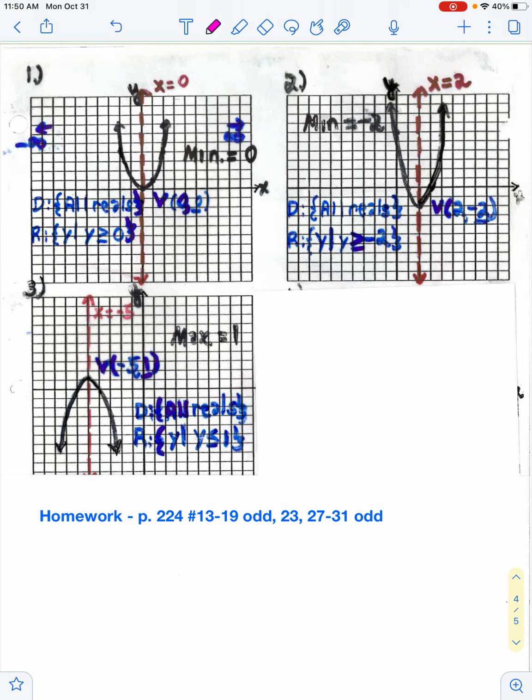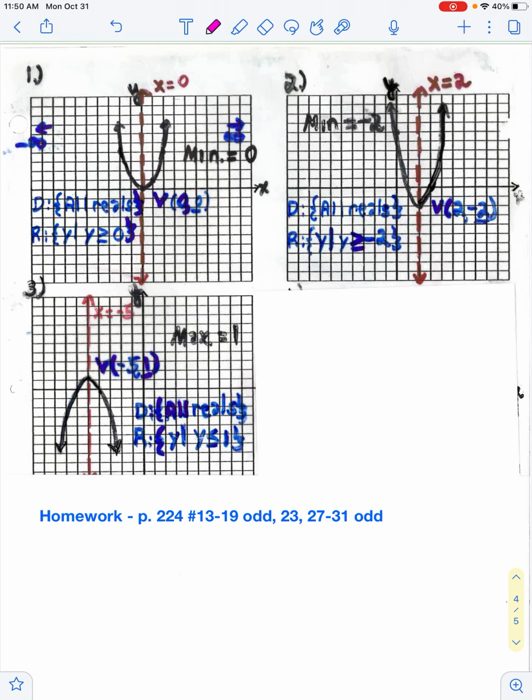So when you look at your homework, you're doing 13 to 19 odd, 23, and then 27 to 31 odd. In the first bunch, you are graphing, and they ask you to find all the pieces like I've just done. But in the last problems, they ask you to determine whether the quadratic has a maximum or minimum value and what it is.